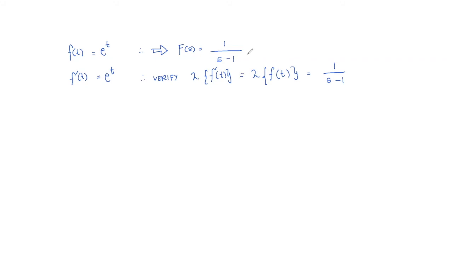Based on the theorem of the Laplace of derivatives, the Laplace of the derivative, which is f prime t, is equivalent to the variable s multiplied with the function in the spatial domain, which is capital F s, minus the initial value of the function in the time domain, where t is equivalent to 0. So now here, we can replace this F of s with 1 over s minus 1.